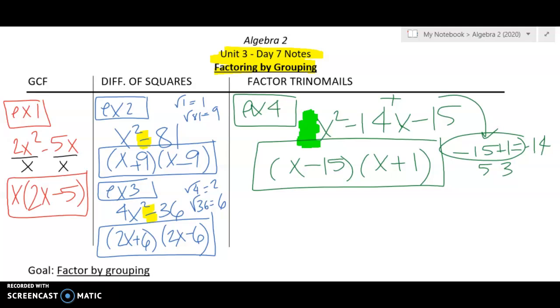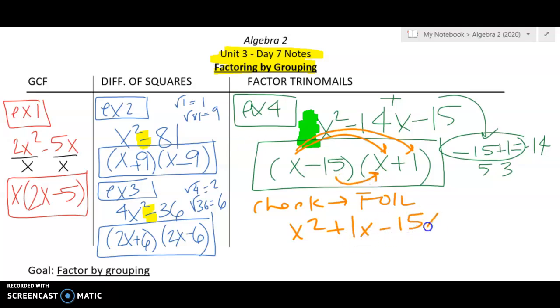I guess while I'm on this one, this is how you would check your work. To check your work, you would need to FOIL. So you would do x times x is x squared. X times 1 is 1x. Negative 15 times x is negative 15x. Negative 15 times 1 is negative 15. You can combine like terms in the middle there.